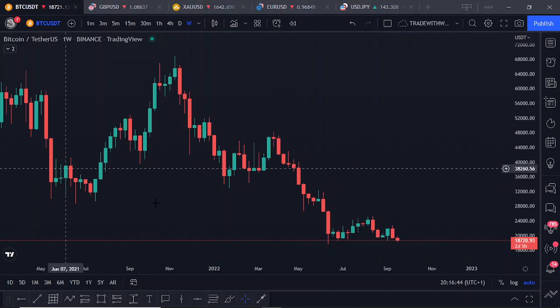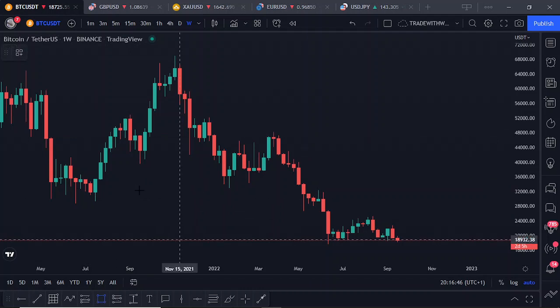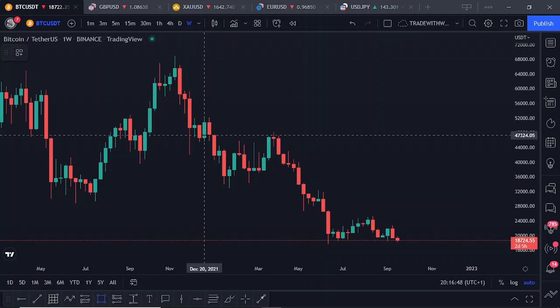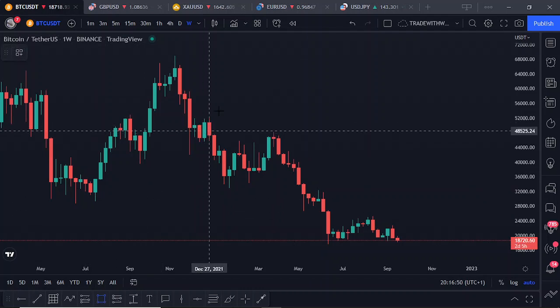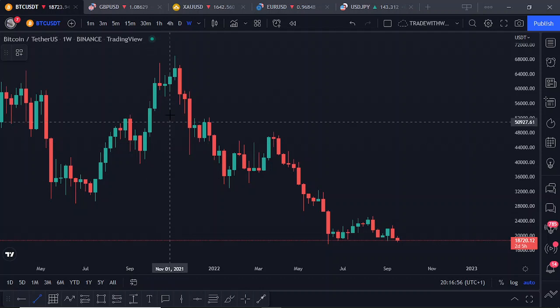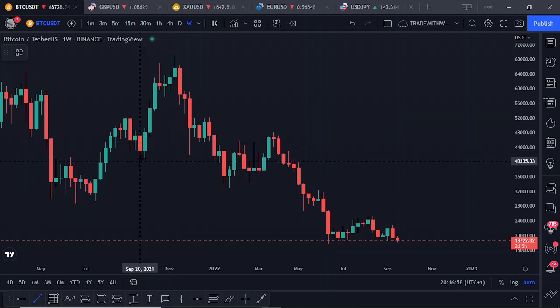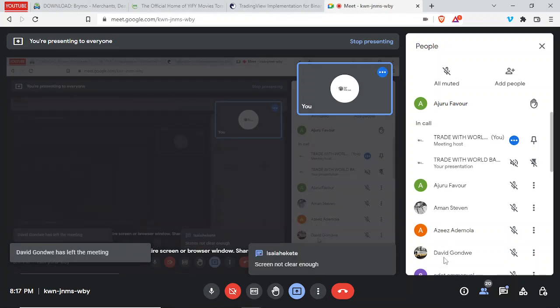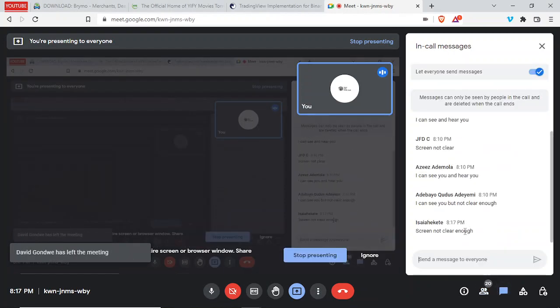Looking for a supply zone, you want to draw the supply zone at the correct price. So how do you identify that this place is a supply zone and this place is a demand zone? The first thing you need to look at is break of structure, which is a break of a previous low or previous high.